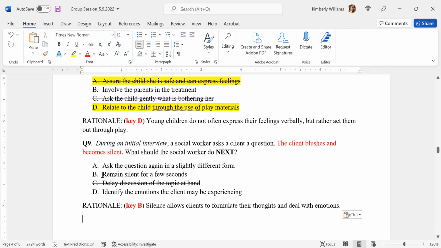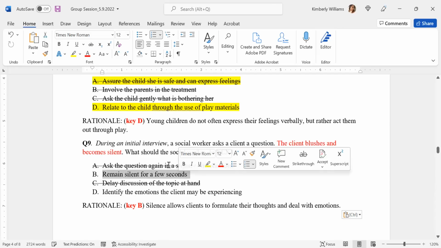This is just communication, how to communicate with a client when you're building the therapeutic relationship, and it isn't done at first. So yes, you will remain silent for a few seconds just to see what their follow-up response is gonna be, because you asked them a question. So, give her a chance to answer. Just because she started blushing doesn't mean they're not going to answer the question.